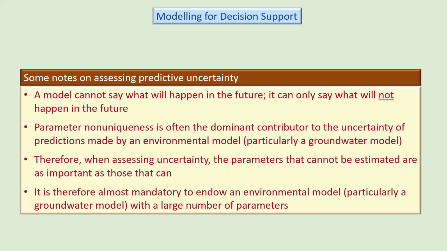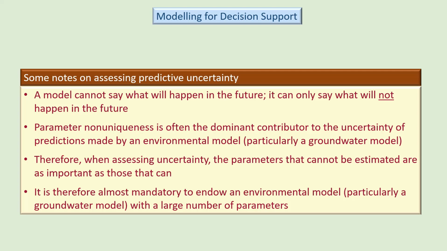It requires recognition of a few fundamental premises. In particular, decision support modelling requires recognition of the fact that a model can never tell us what will happen in the future. It can only tell us what will not happen in the future.